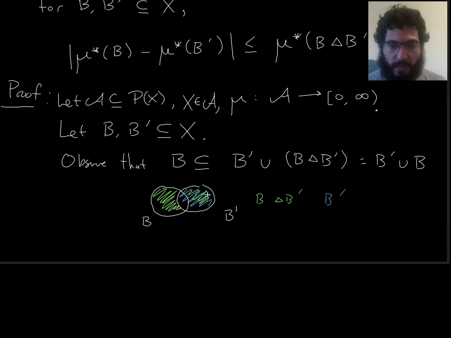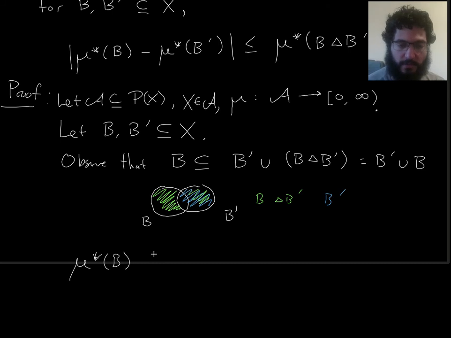So now we want to look at the outer measures of things. And we have proven a couple of useful facts about outer measure that just always hold for any subsets of X, anything in the power set of X. It's monotonic. So if B is a subset of something, then the outer measure of B is less than or equal to the outer measure of that thing.